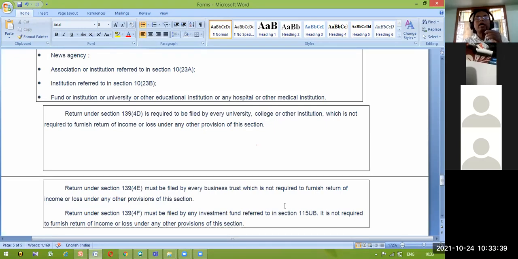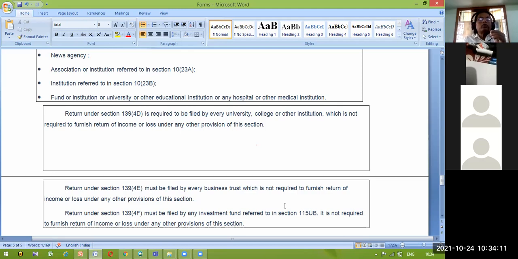It must be filed by every business trust which is not required to furnish return of income or loss under any other provision of this Act. So if there is any trust which is not supposed to furnish return under any other provision, it will be coming here. Let me repeat. Return under section 139(4E) must be filed by every business trust which is not required to furnish return of income or loss under any other provision of this section. So they will be coming here.